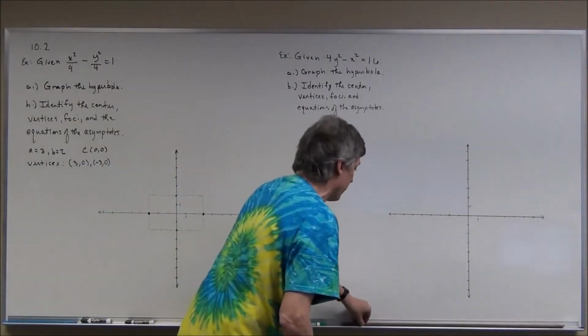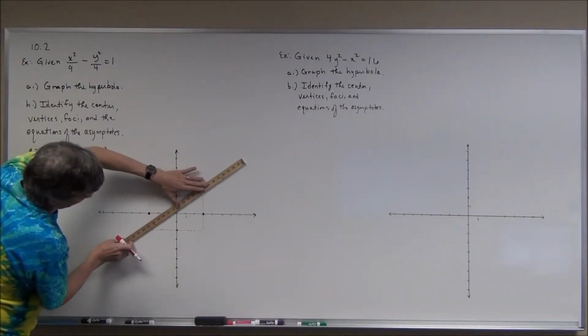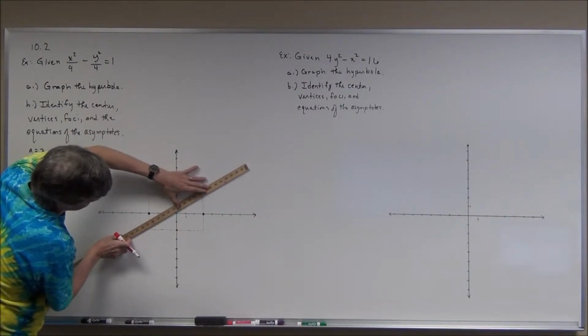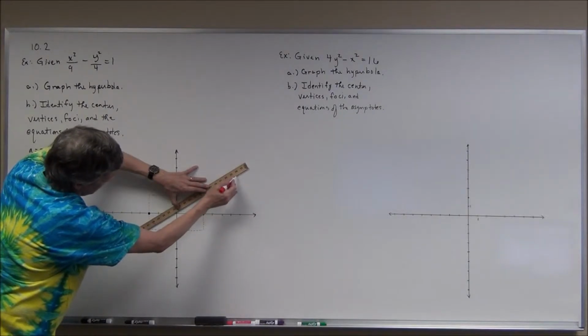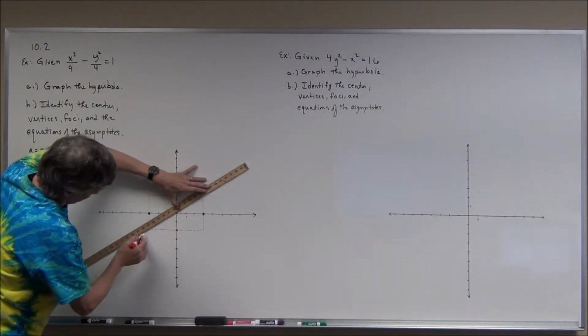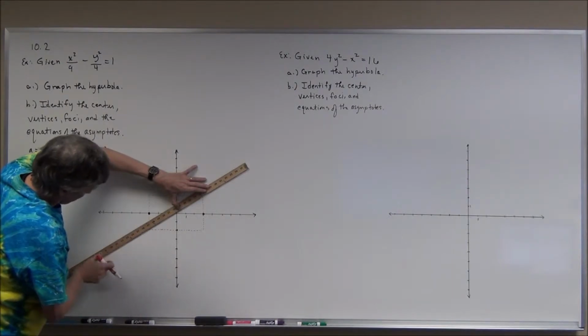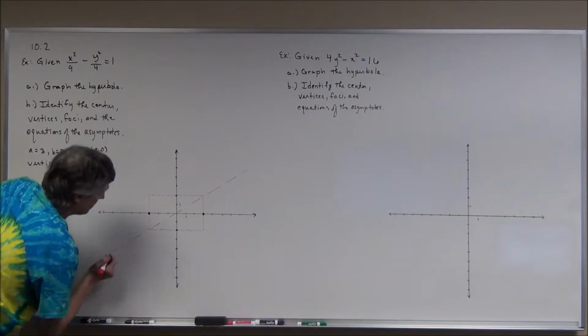Now I am going to take my yardstick and draw in my asymptotes as best I can. My asymptotes help me with my graph, but they're not actually part of my graph, so I'll make them dotted or dashed. Should have gone through the origin, but probably missed. Yeah, pretty close, kind of missed.